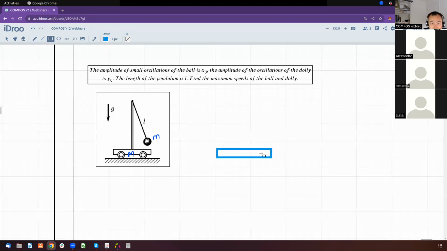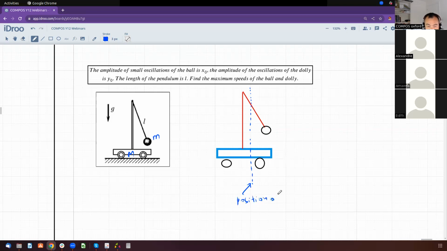That means that when the dolly is here and the pendulum is here, let's say the center of mass is here. It's the position of the center of mass.